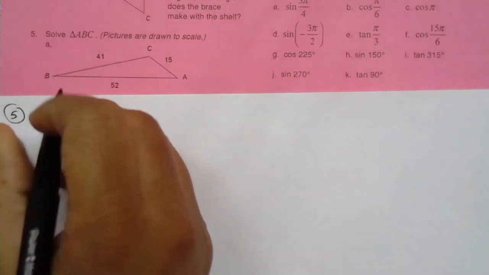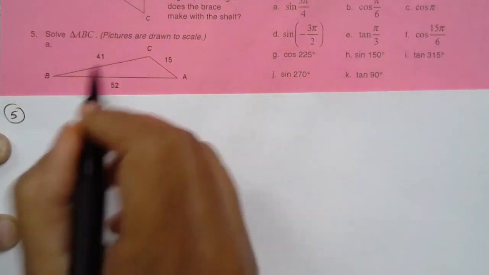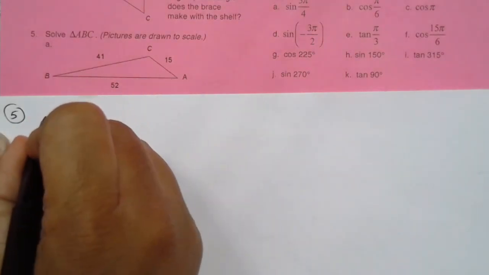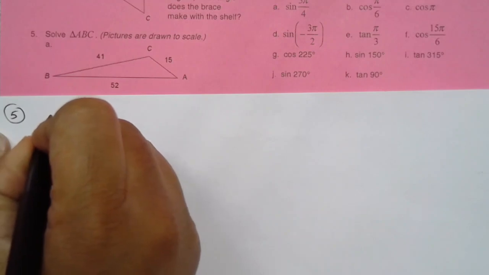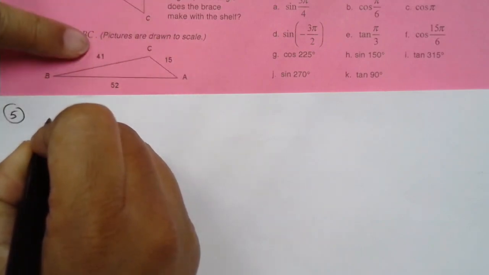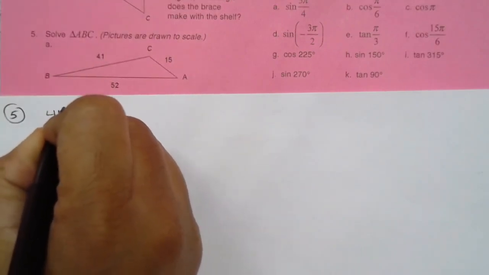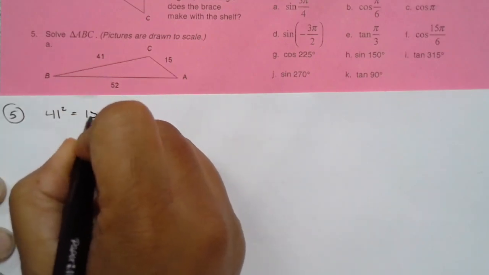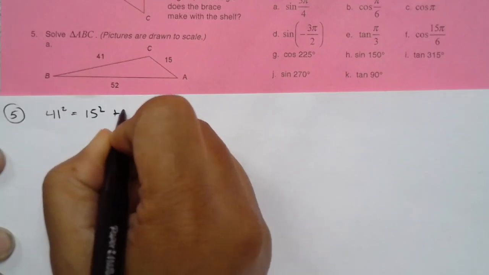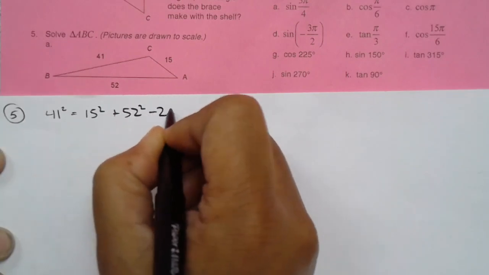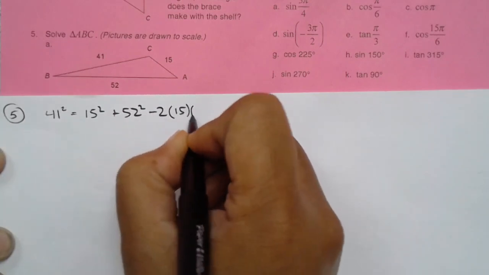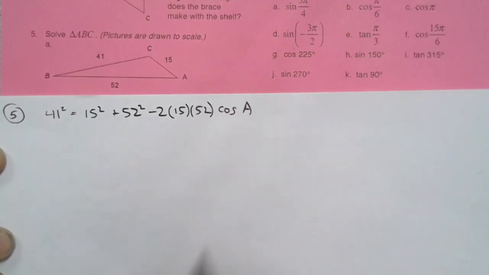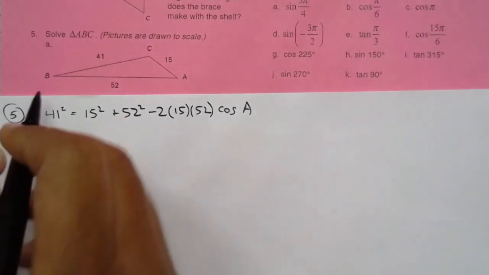So law of cosines, you have to pick which angle you want to start with. So let's say I want to solve for angle A first. So if I solve for angle A, I have to start with side A, which is opposite. So 41 squared equals, and then the other two sides, 15 squared plus 52 squared minus 2 times those values, 15 and 52, cosine of angle A. Now we have to get A by itself, so we have to get rid of adding, subtracting first.